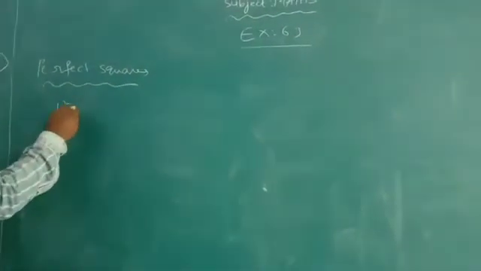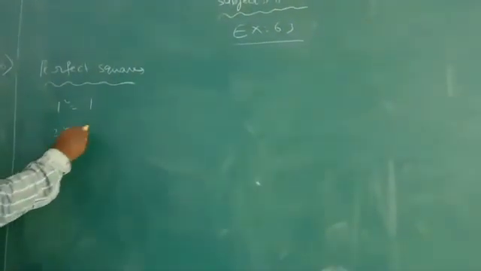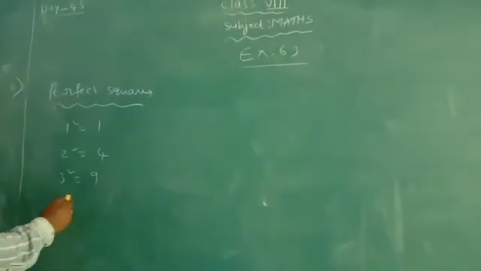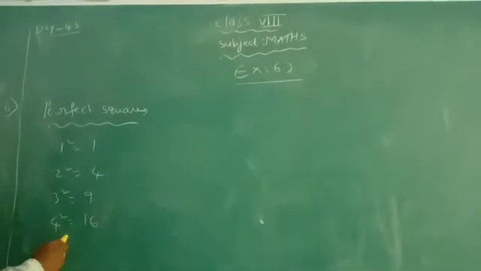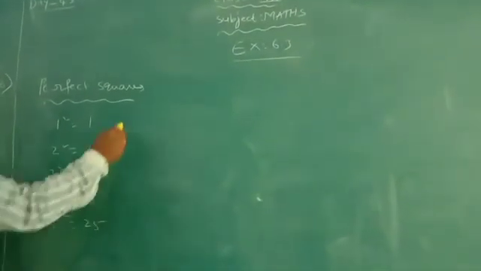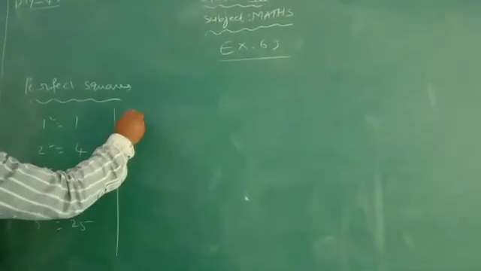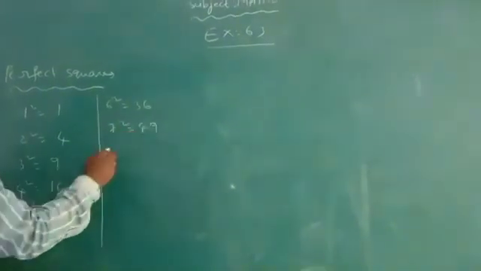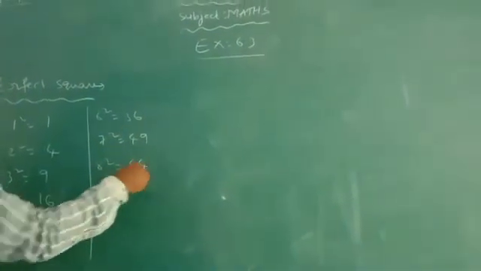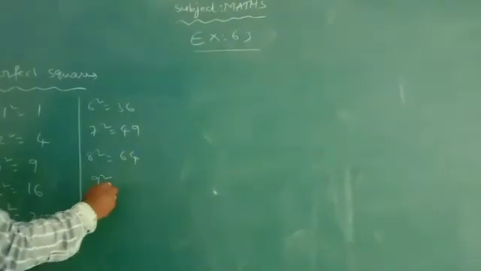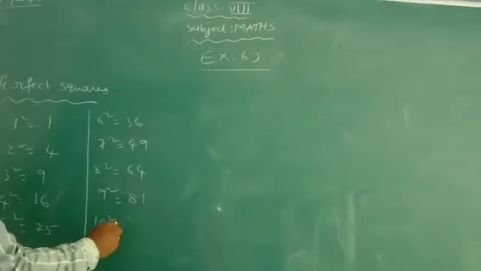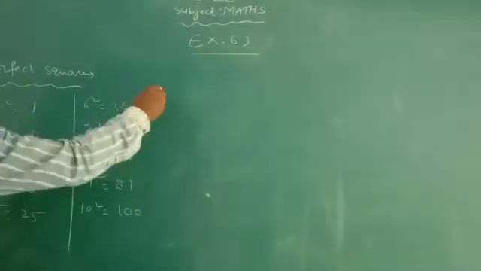1 square means 1, 2 square 4, 3 square 9, 4 square 16, 5 square 25, 6 square 36, 7 square 49, 8 square 64, 9 square 81, 10 square 100.